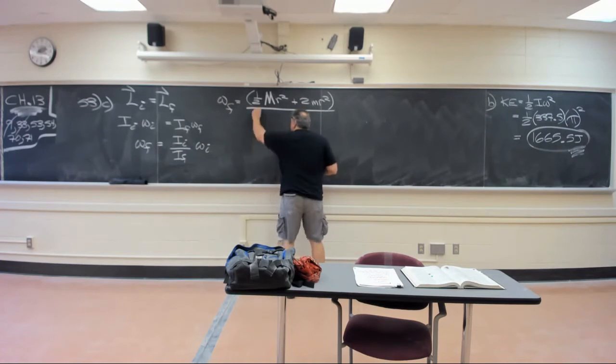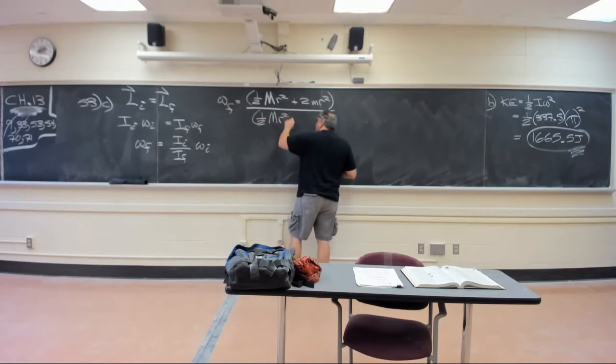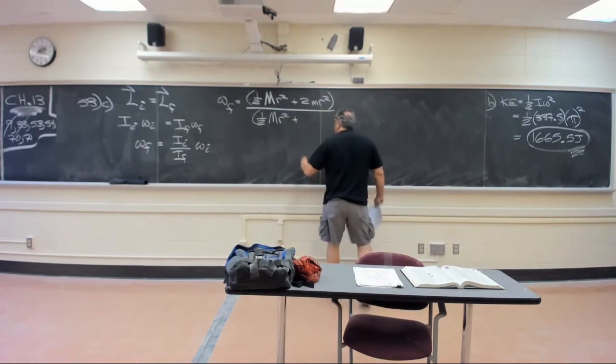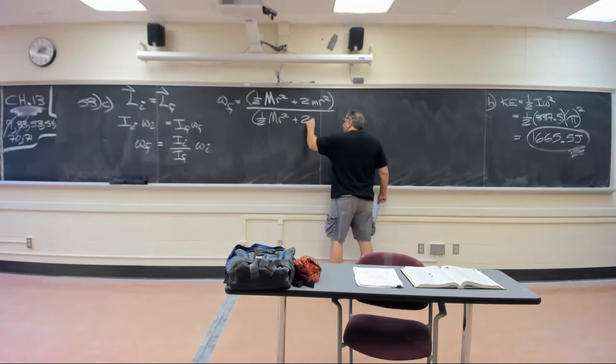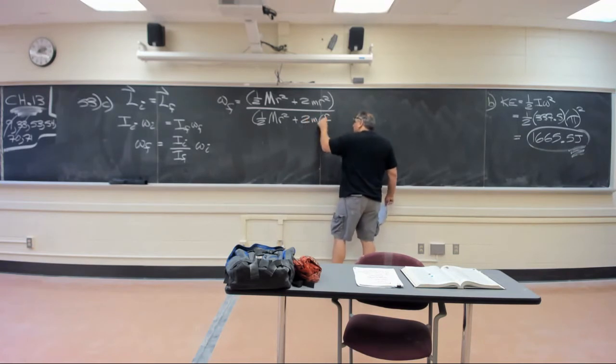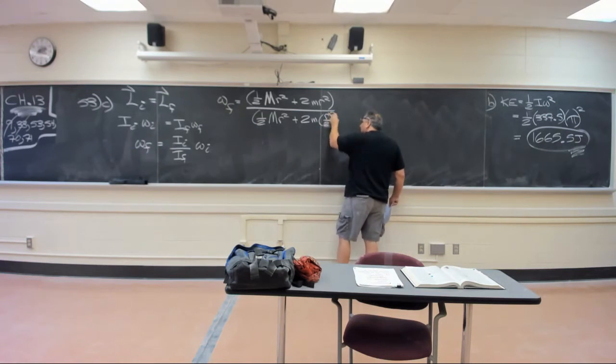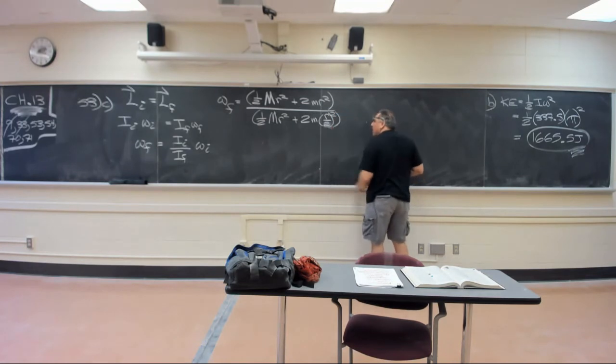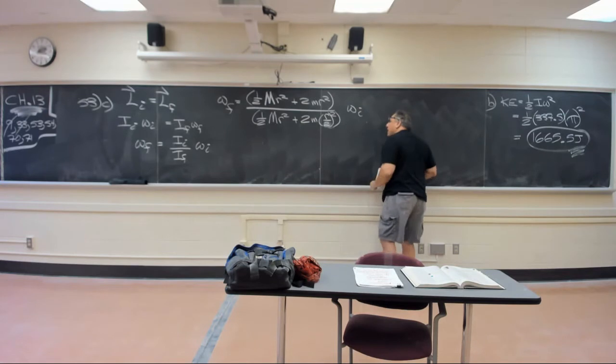What's going on now? Well, it's the same merry-go-round, you guys. That hasn't changed. The kids are somewhere else, though. Each child is at a distance of r over 2 now. And that's omega sub i right here.